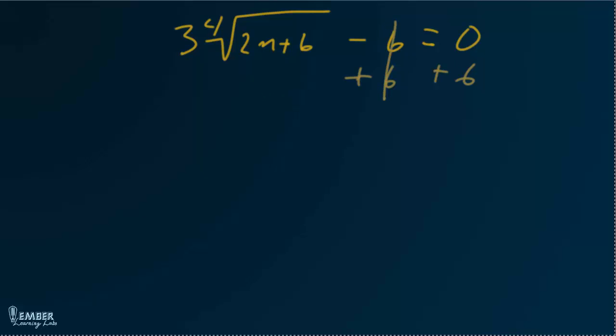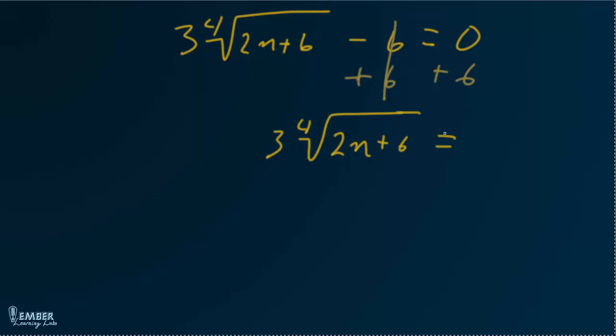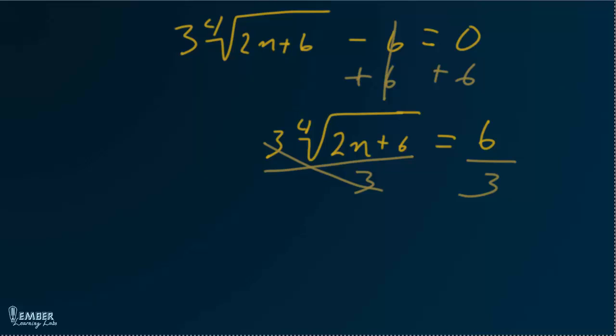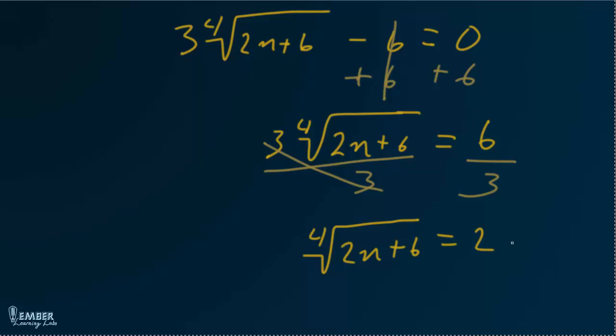Okay, so those cancel. So we end up with 3 times the 4th root of 2n plus 6 equals 6. All right, so we're going to divide both sides by 3. These cancel out, leaving us with just the 4th root of 2n plus 6, and that equals 2.